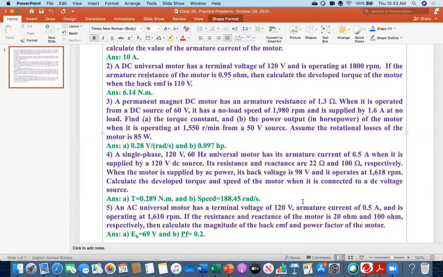Then cos theta is R over Z. Is this fine? So, doing it both ways, I got the same number as Sam, 0.196, if you just do cosine of 78.69, and 0.2 if you do R over Z.